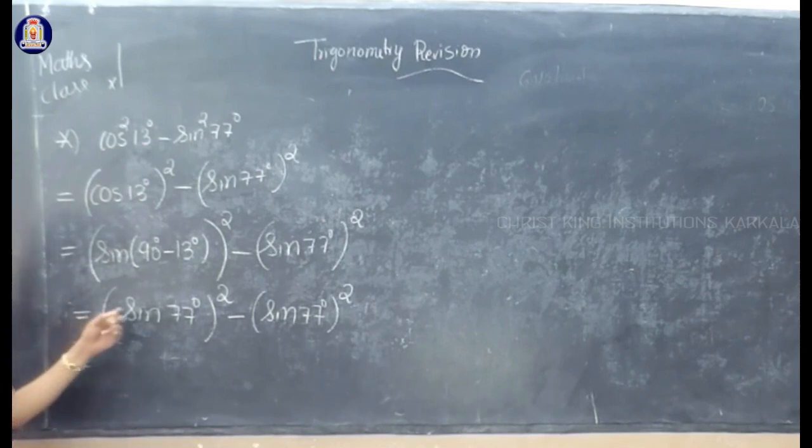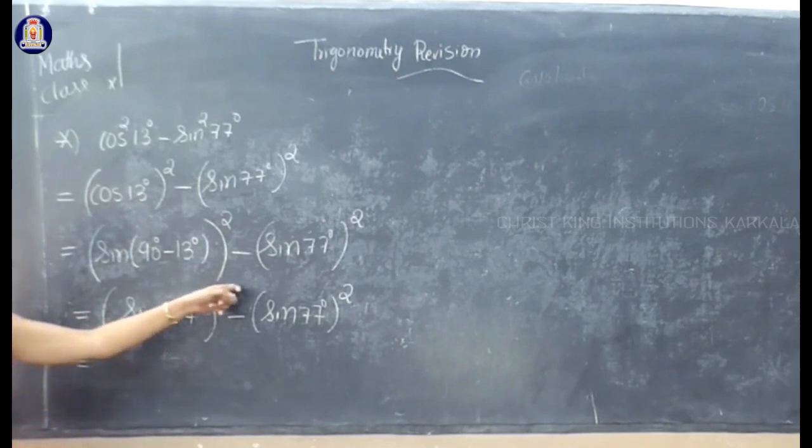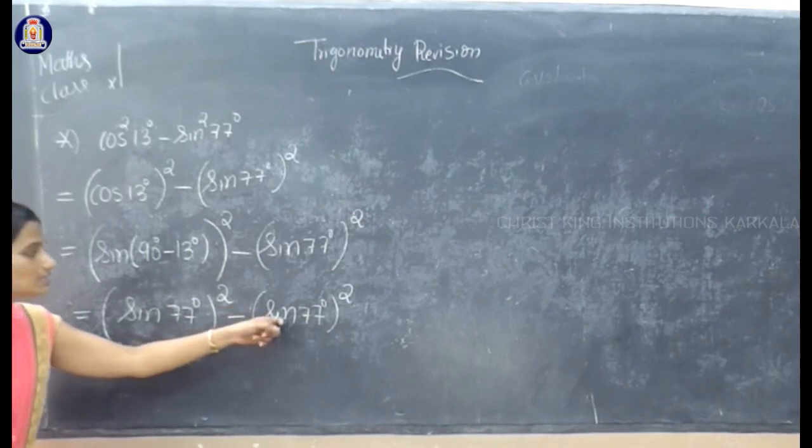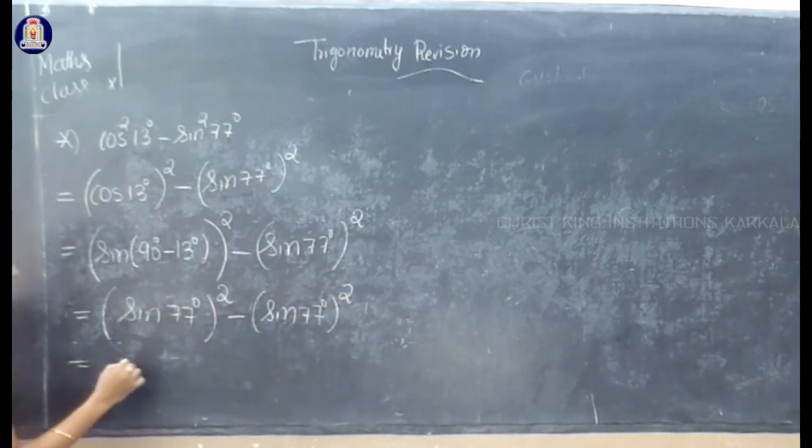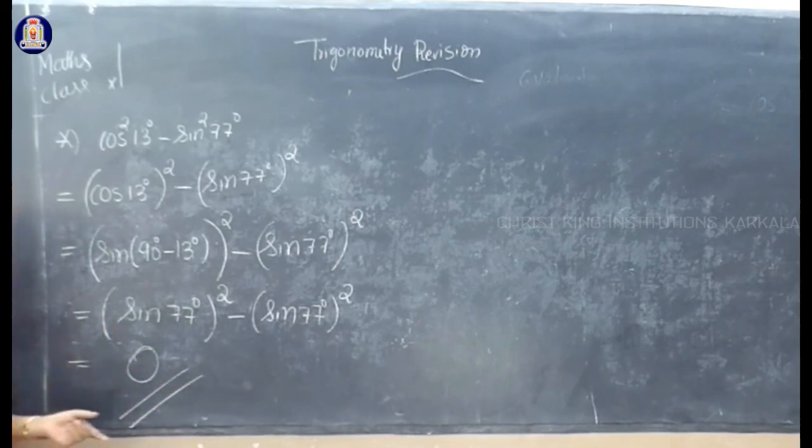See, same it is. Sin 77 degrees whole square minus sin 77 degrees whole square. So both are same. Plus minus means the answer is 0.